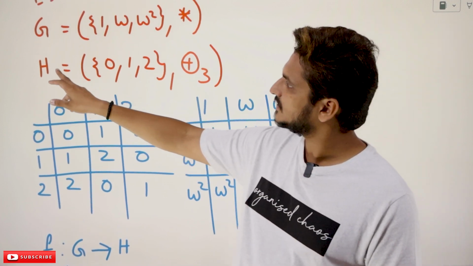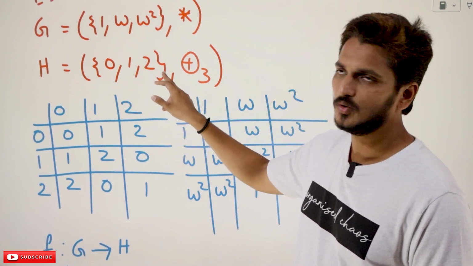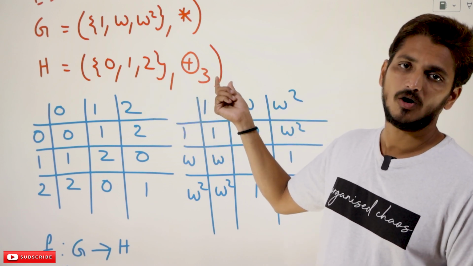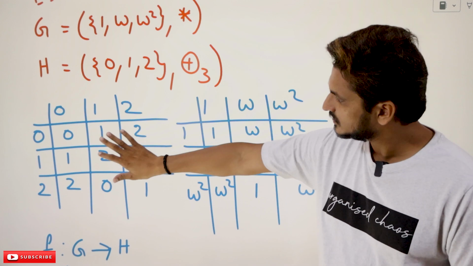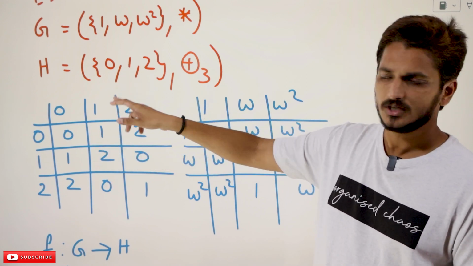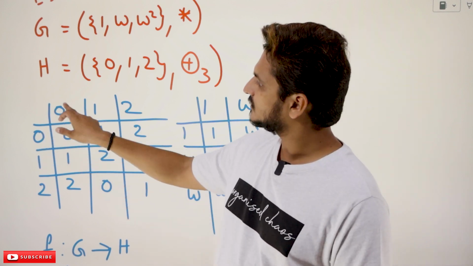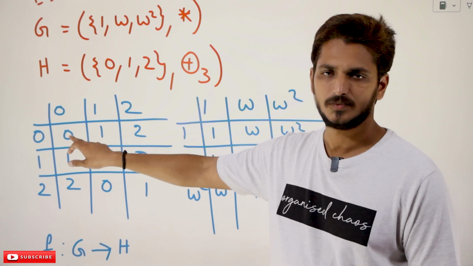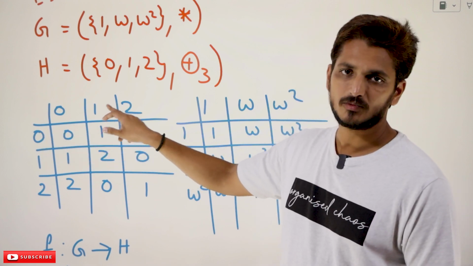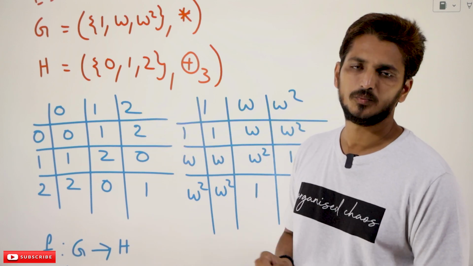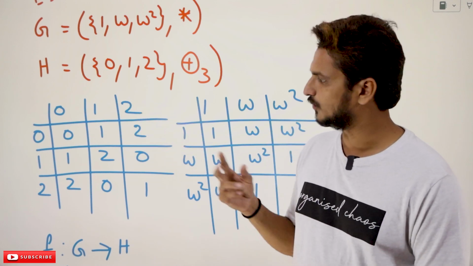And the second group is H = {0, 1, 2} on addition modulo 3 operation. This is the table we got for this group H. What's this table? 0 plus 0 is 0, modulo 3 is 0. 0 plus 1 is 1, 1 modulo 3 is 1. 0 plus 2 is 2, 2 modulo 3 means 2.